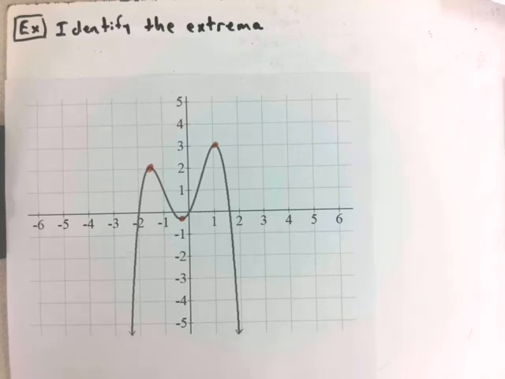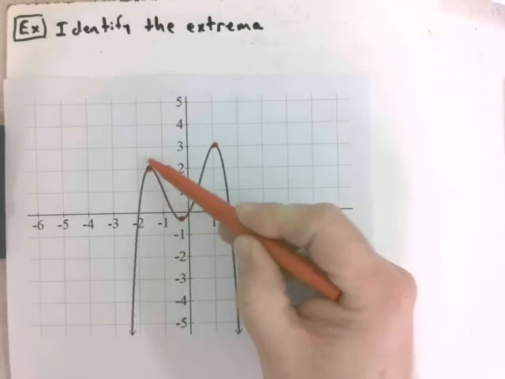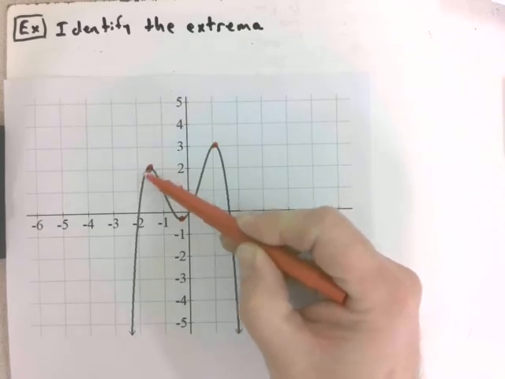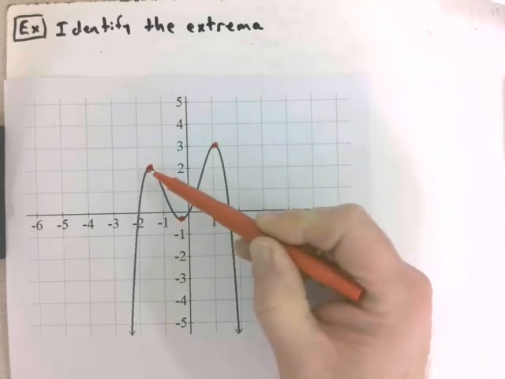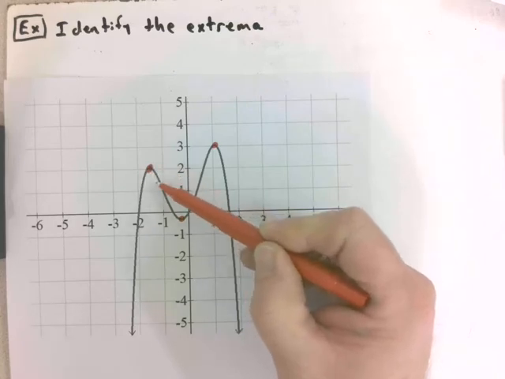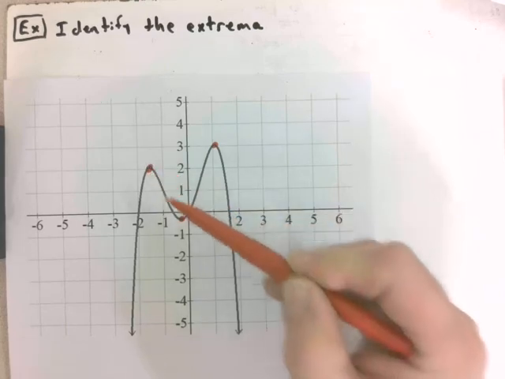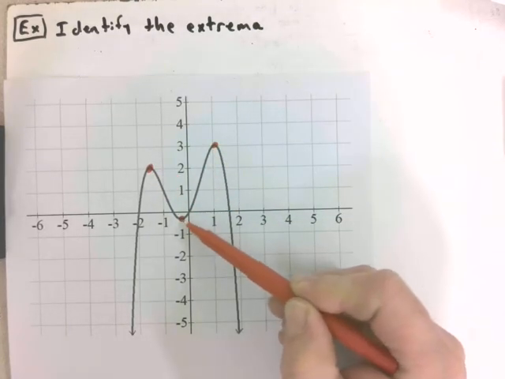What that means is if you were to zoom in and look at just this part of the graph, this point here is the highest one. It is at a maximum. That doesn't guarantee that it is the highest point on the entire graph, but relative to the points around it, it is the highest. So this is a relative maximum.